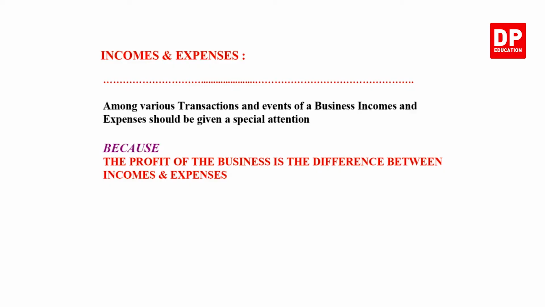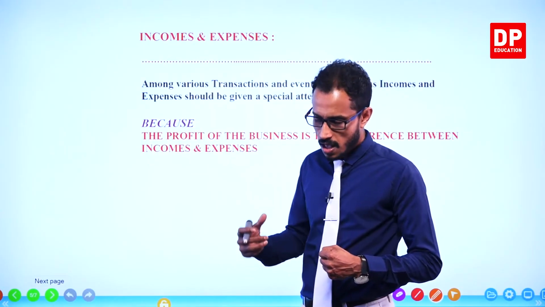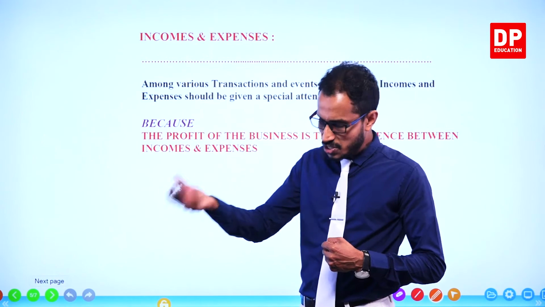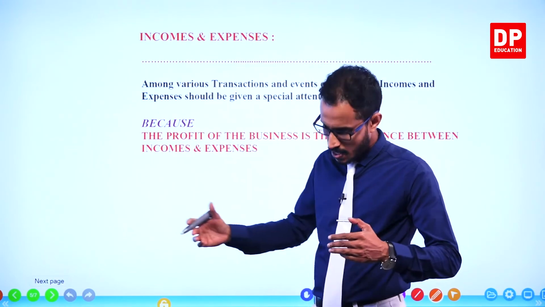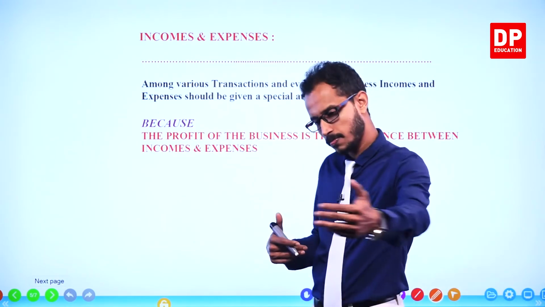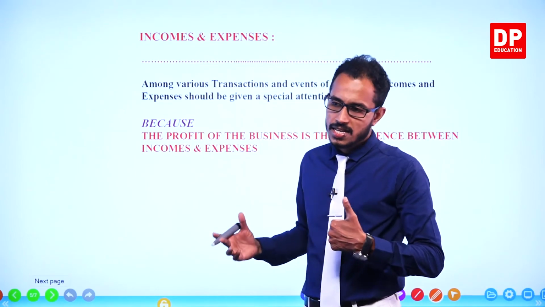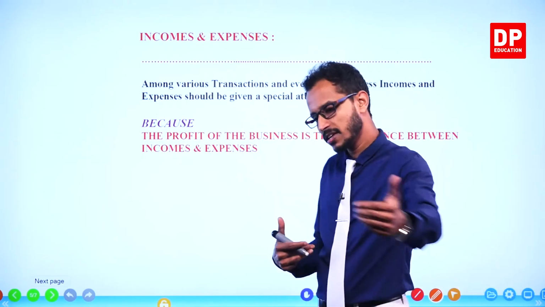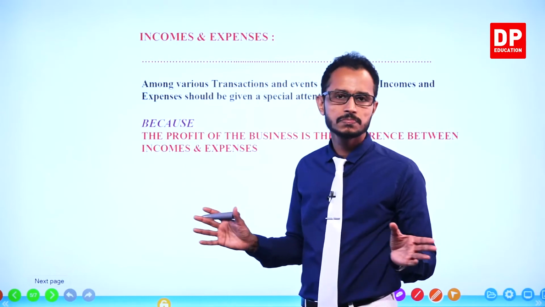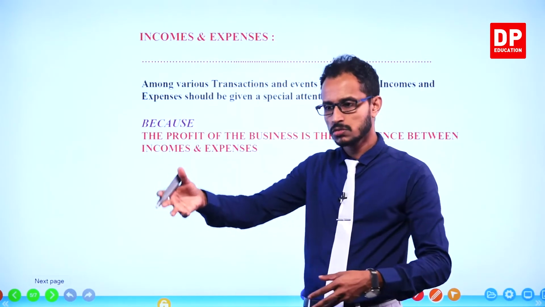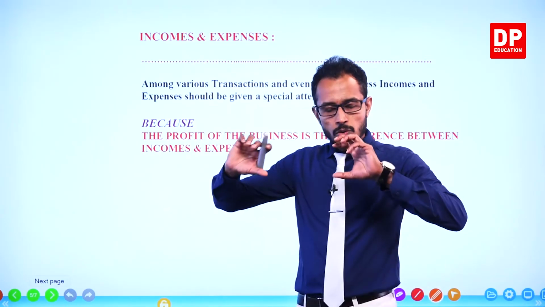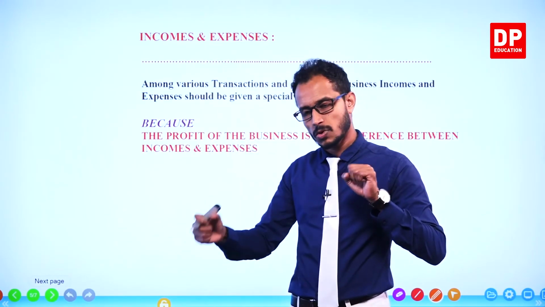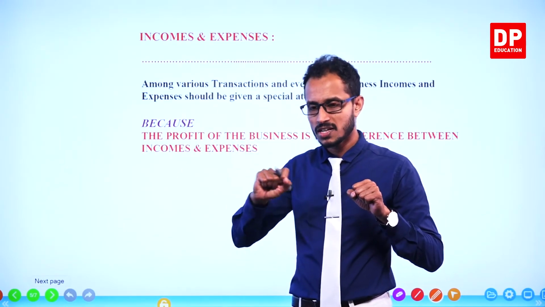Okay, children, income and expenses. Let's learn about income and expenses. Incomes are the cash inflows, inflows of cash generated by business activities. As we go on with the business, various transactions occur.